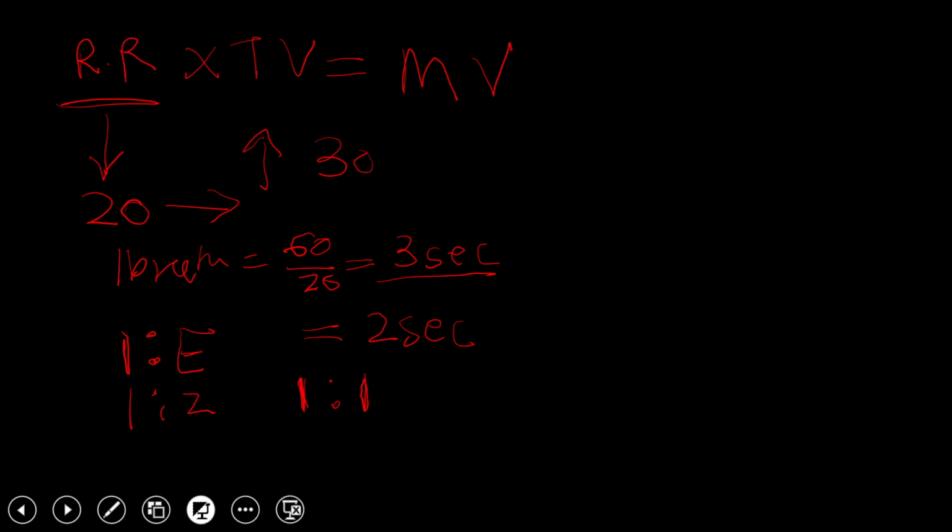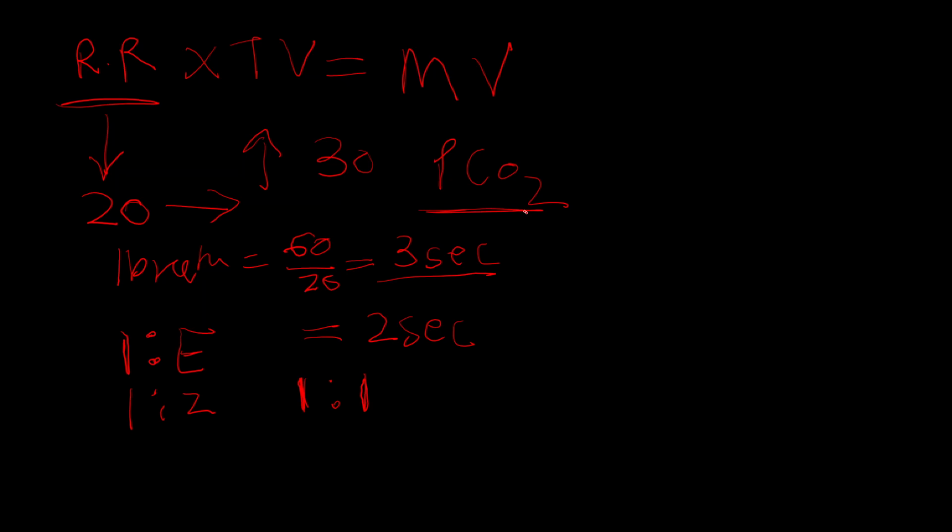So respiratory rate you decide as per the partial pressure of carbon dioxide. So CO2 you want to keep in check. In the ABG session we have discussed normocapnia, so you aim for normocapnia, or in ARDS patients sometimes you accept permissive hypercapnia, and then you set your rate accordingly as per the disease condition.